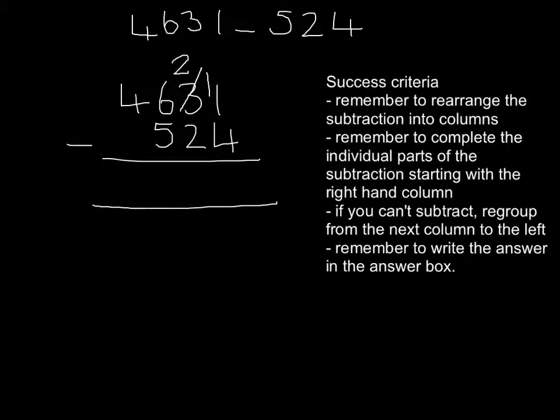Now we can complete the individual subtraction. 11 take away 4 leaves us with 7. 2 tens take away 2 tens leaves us with no tens. 6 hundreds take away 5 hundreds leaves us with 100. 4 thousands take away no thousands leaves 4 thousands.